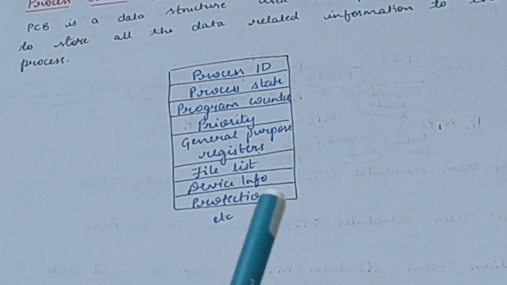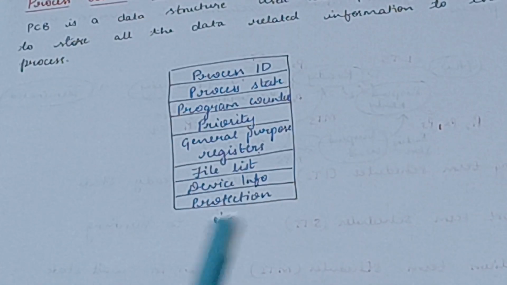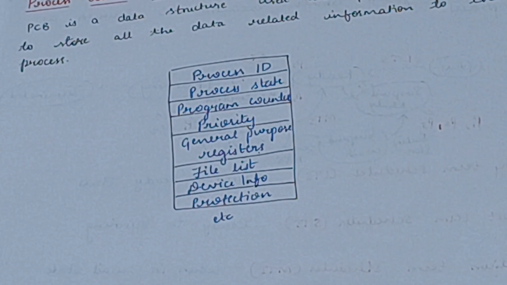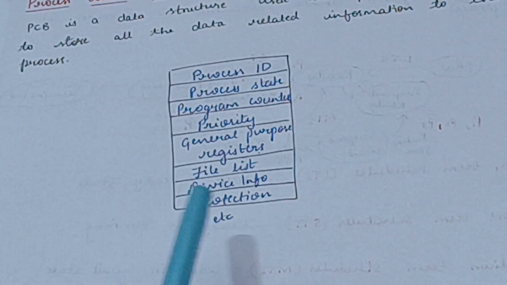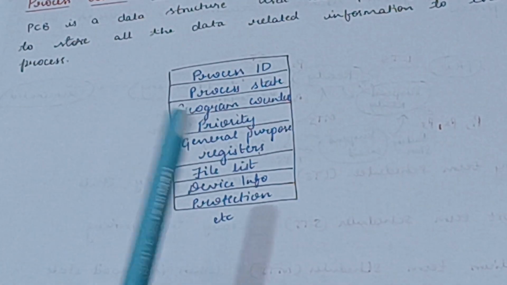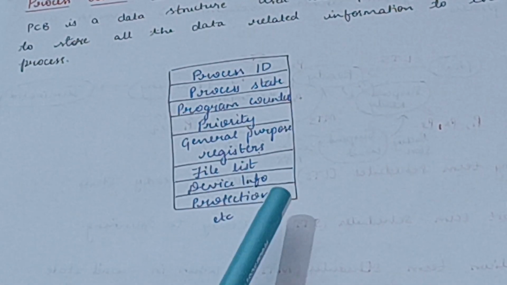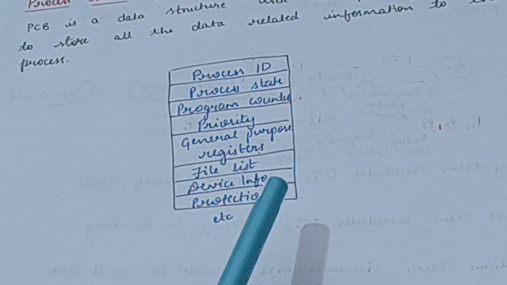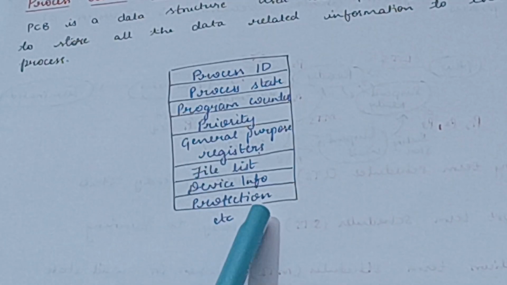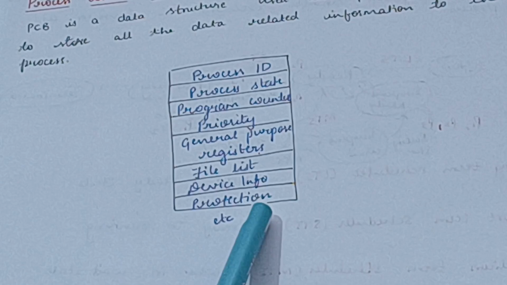Whenever a process is created, a process control block is also created. How is a process created? First of all, a process is created with the help of a system call. We'll understand what a system call is in further videos. Now what happens to the process control block when the process is getting terminated?